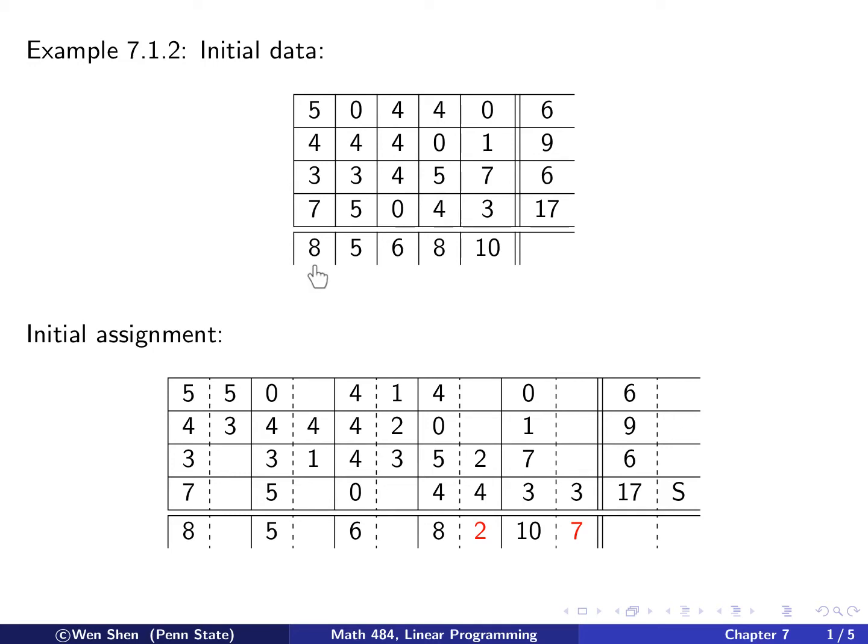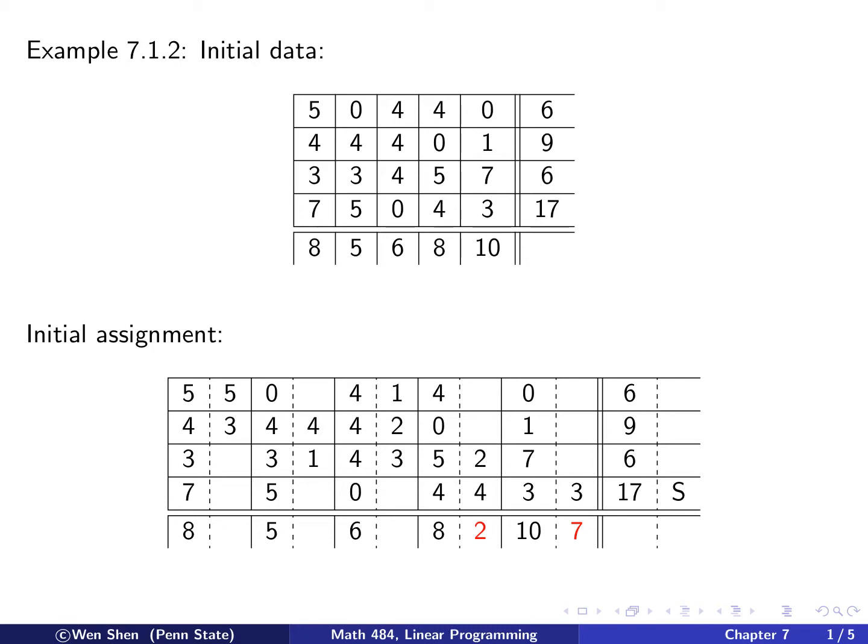So this is the demand. If you add all these 5 numbers up, that's the total amount of demand. And if you add all these 4 numbers up, that's the total amount of supply. If you do that, you know this sum is less than that by 1.